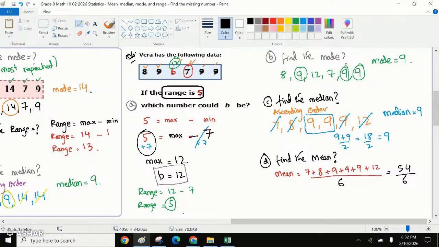When 54 is divided by 6, the mean or the average comes out to be 9. So in this case, by chance, the mode is 9, the median is 9, and the mean is also 9. But it can vary depending on the value of B.